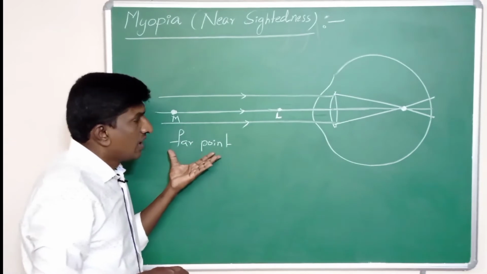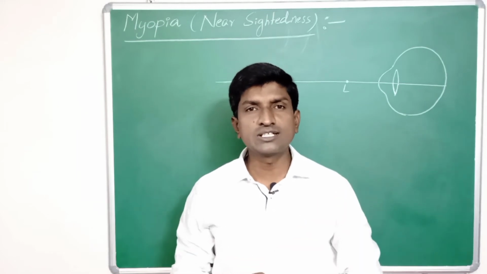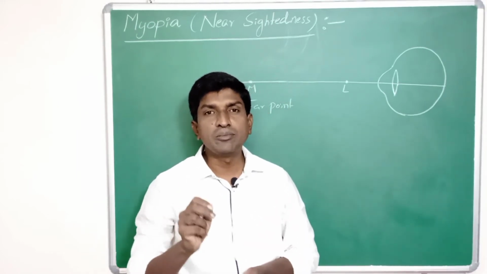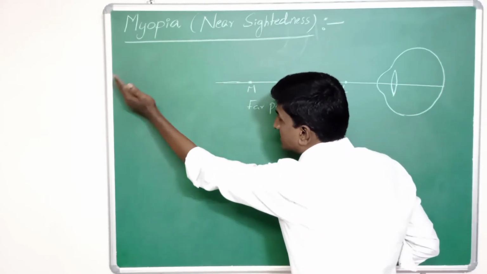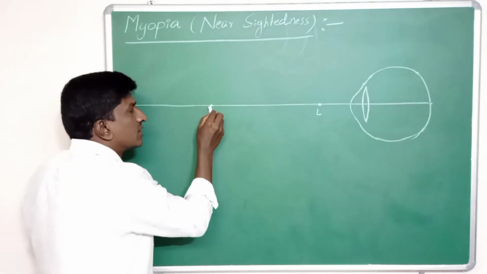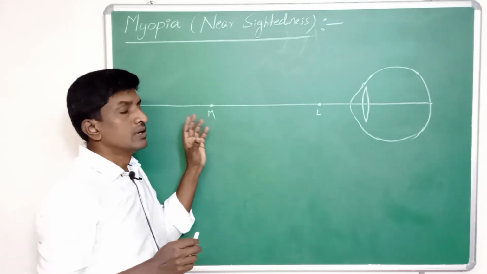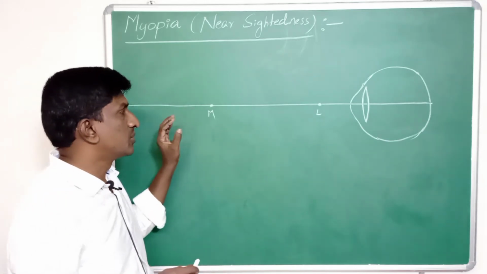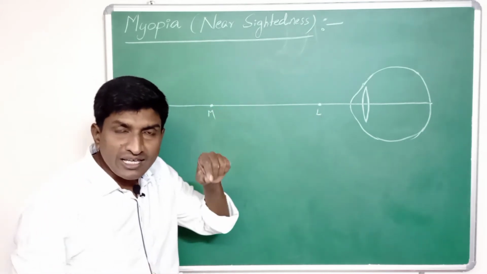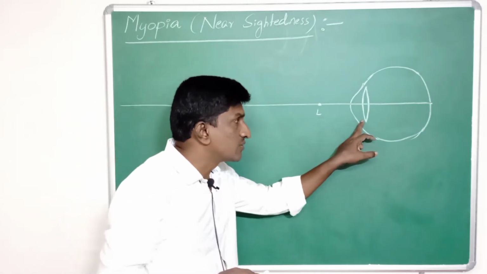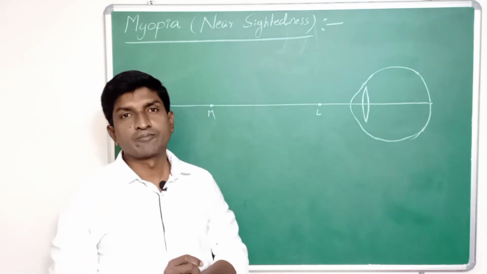Then how do we correct this problem? To correct this, first we have to bring the image of the object outside M onto M, or in between L and M. If you bring the image of that object onto M or in between L and M, then that image acts like an object for the eye lens, and it forms an image on the retina.